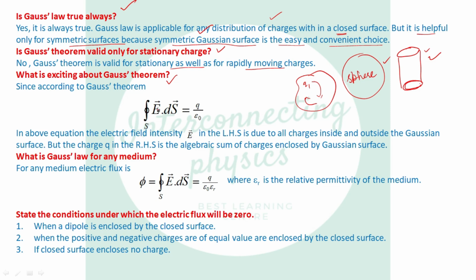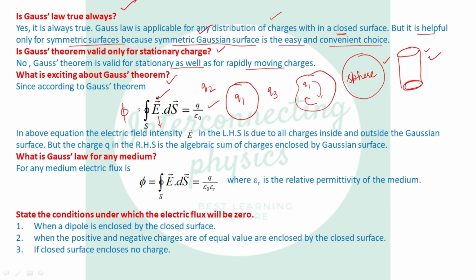It is the closed integration of E dot dS equal to q over epsilon naught, which is called phi. So on the left hand side, this E vector is very exciting. Suppose we have a closed surface and we have charge q1 here, q2 outside, and q3 outside.